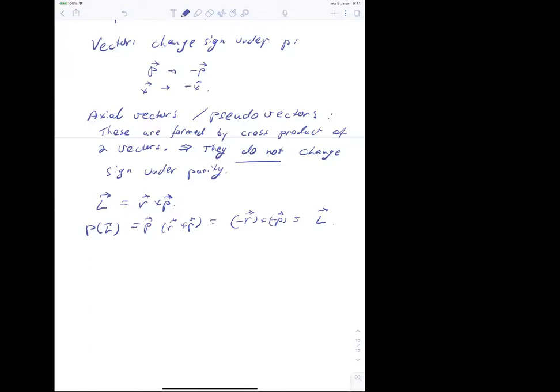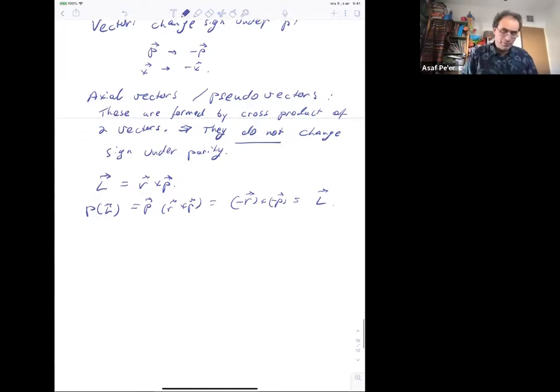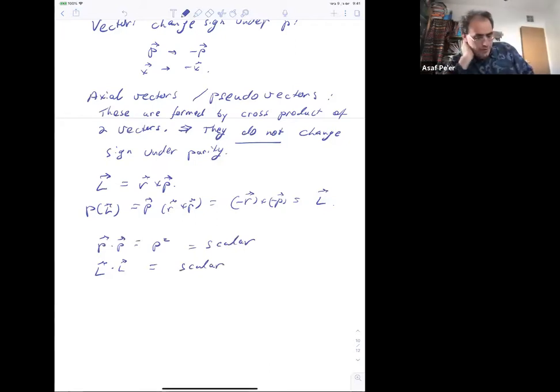Pseudoscalar. Exactly. So if you have two vectors, p dot p, you get p squared. This is a scalar. L dot L is also a scalar. But when you get, say, L dot p, this is a pseudoscalar, which means that under parity, it does change sign.